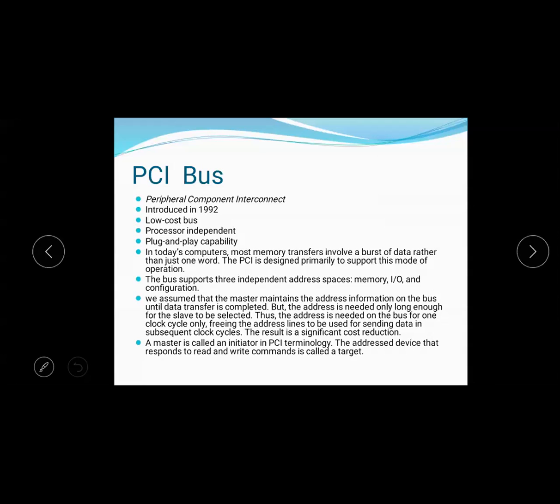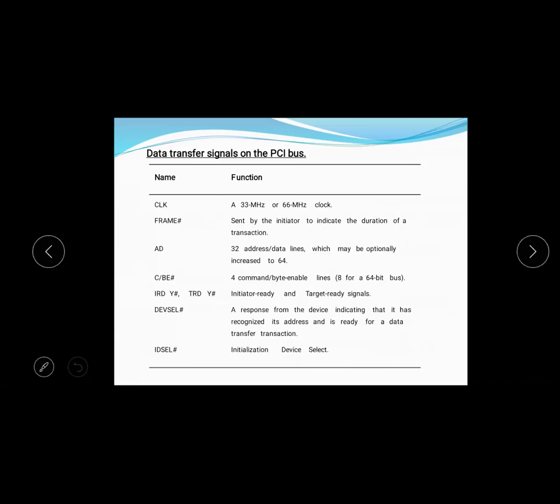These are the bus signals: clock, frame, 32-bit address and data lines, which carry the 32-bit address or data. Command and byte enable lines. IRDY and TRDY, initiator ready and target ready signals.